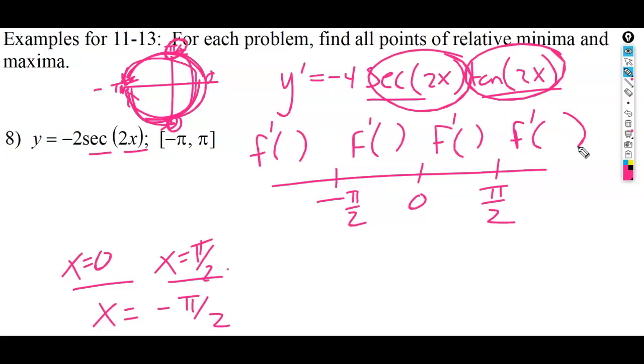All right, so let's pick a number that is to the left of negative pi over 2. I really like anything that's going to give me a normal number here. So if you know your unit circle really well, you can figure it out.